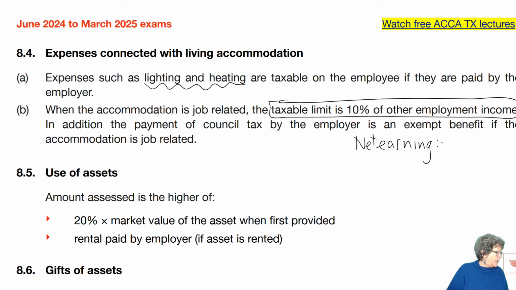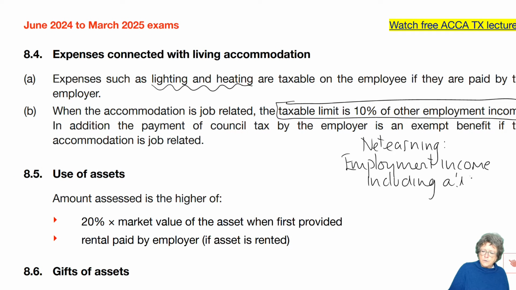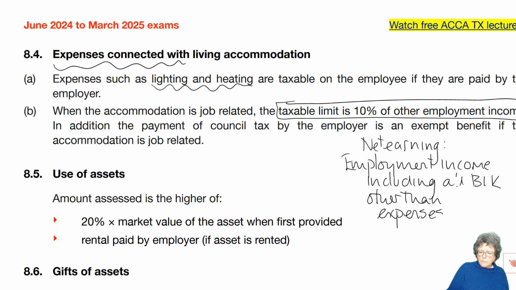So this net earnings is employment income including all benefits, benefits in kind, other than this expense is connected. So that's what that entails.